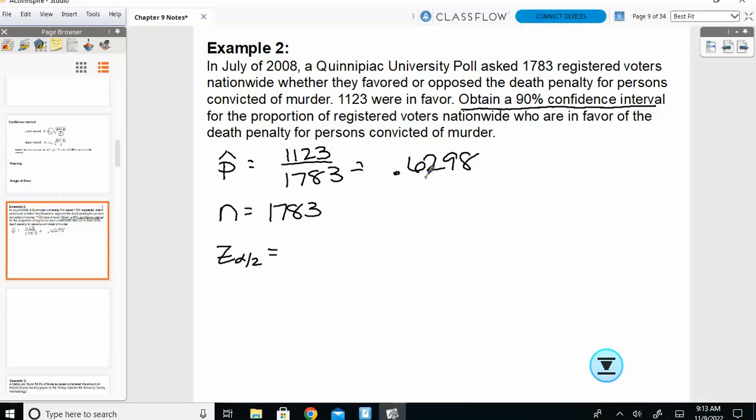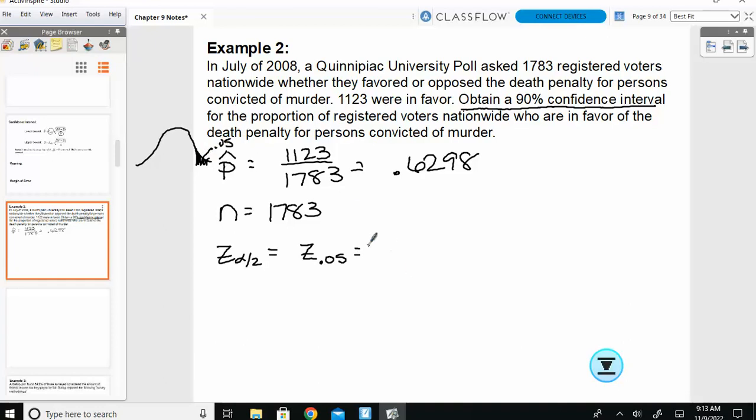Right, you have 10% total, so 5% on each end. So this is like a z for 0.05, because I would have 5% to the right. Does that make sense? We have 90% in the middle, 5% on each end. So the area to the right is 5%.